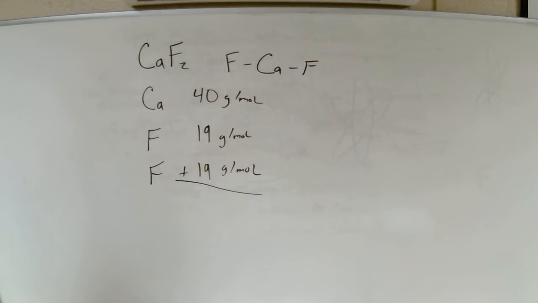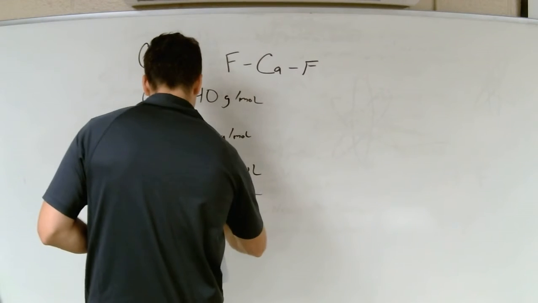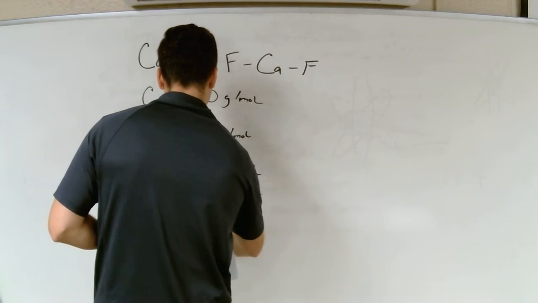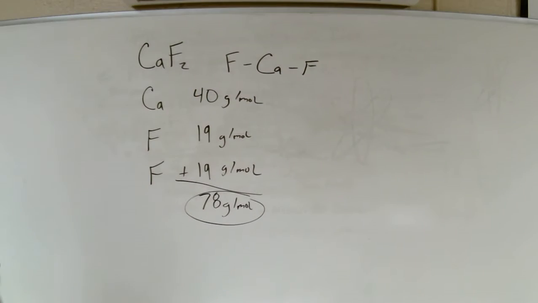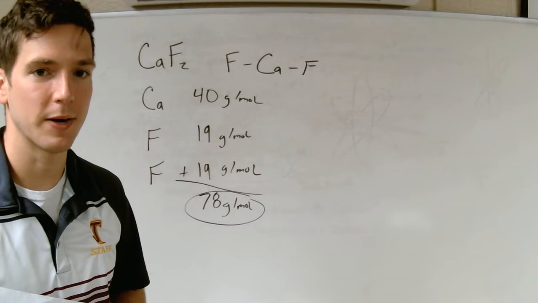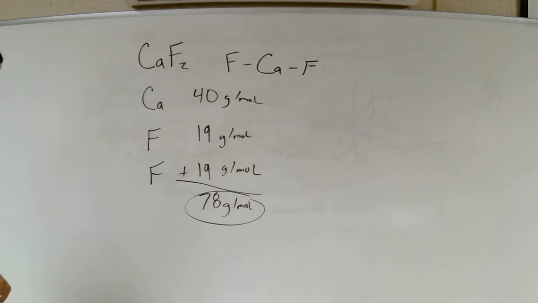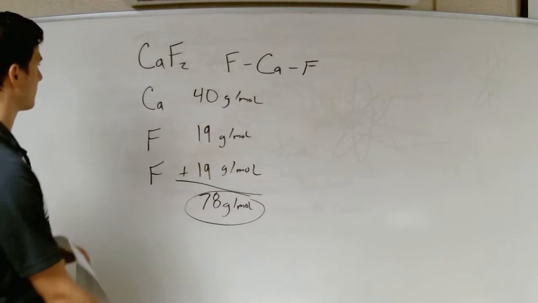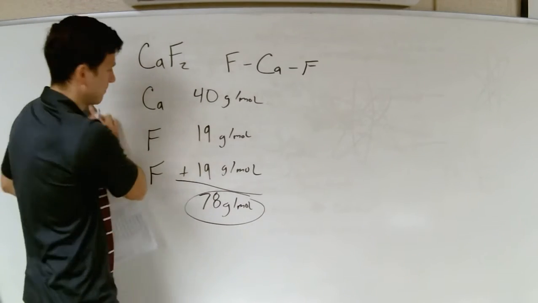I add them all up, and you should get something like 78 grams per mole. Alright, so that's close enough for me, 78 grams per mole. We're just adding up all those molar masses of all those atoms. Let's do another one.